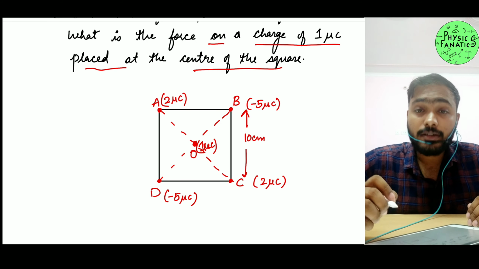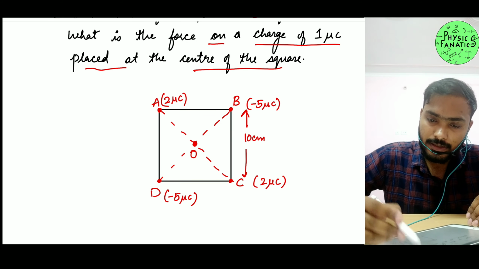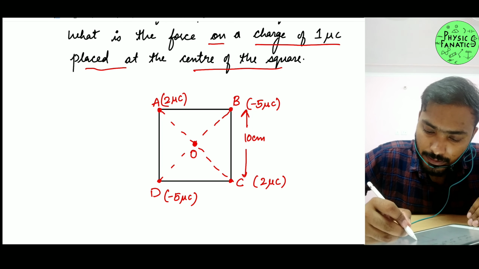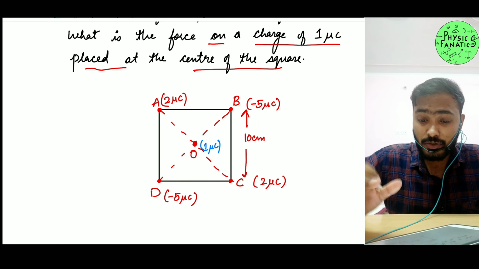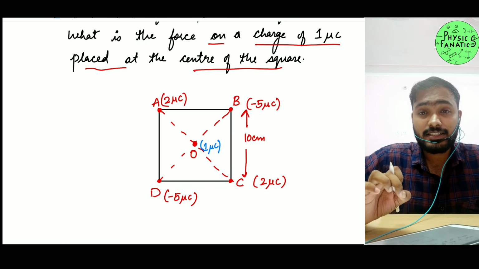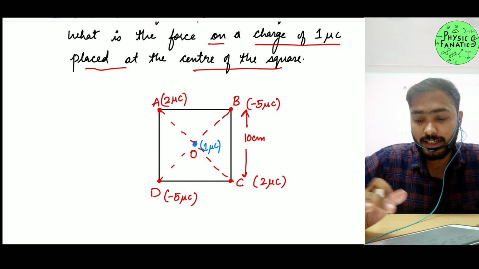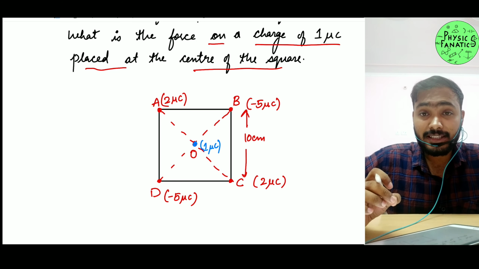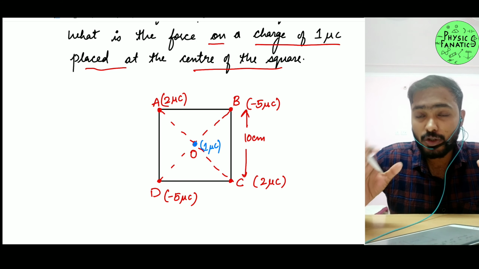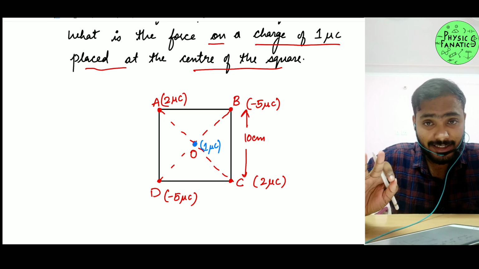The question is asking for the net force on this 1 microcoulomb charge because of all the other charges at the vertices. Obviously we are going to use the superposition principle, as you can understand from reading the question.